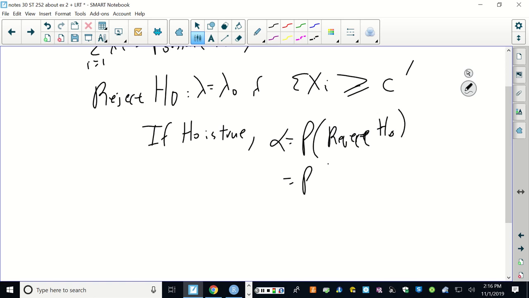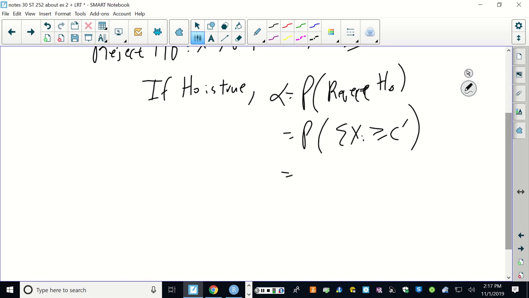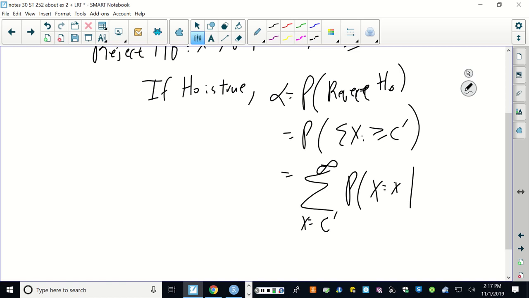So it turns into the probability that the sum of the xi is greater than or equal to this number, and under a Poisson probability, that's a sum over x going from c prime up to infinity of the probability that X equals x, where X is distributed as a Poisson random variable with n times lambda 0 as its expected count.